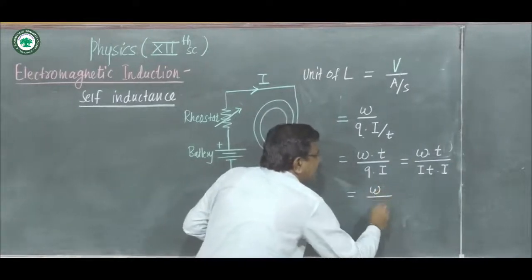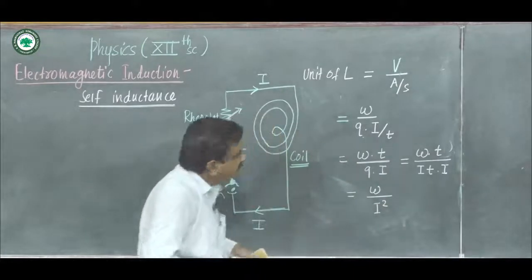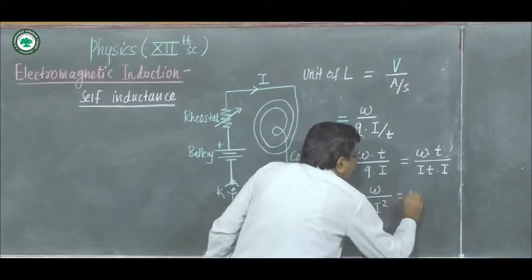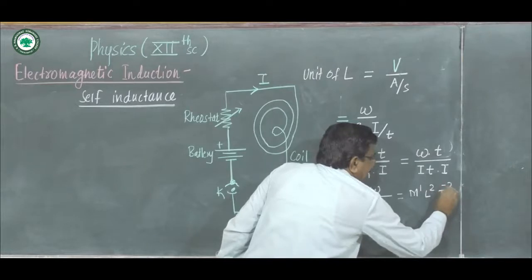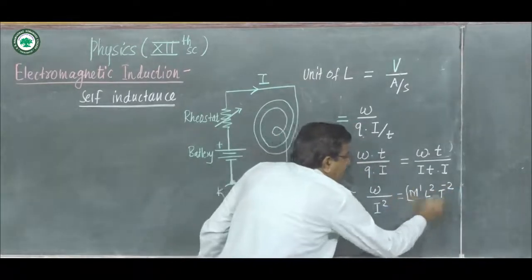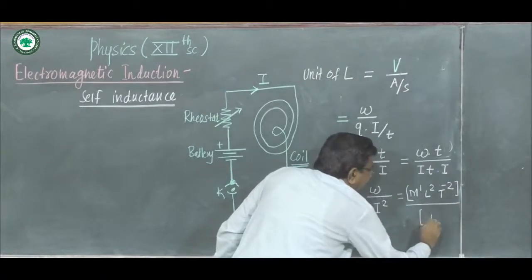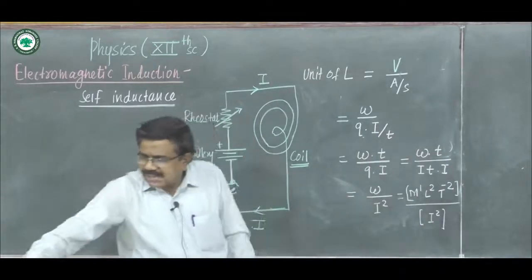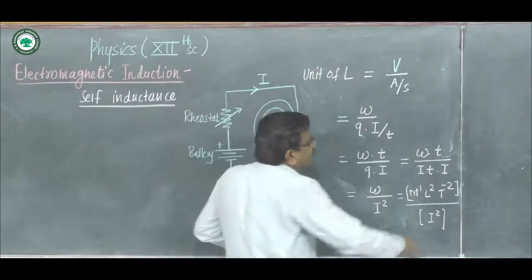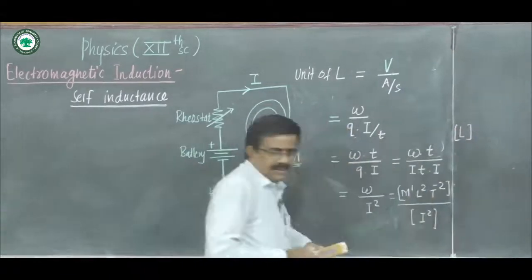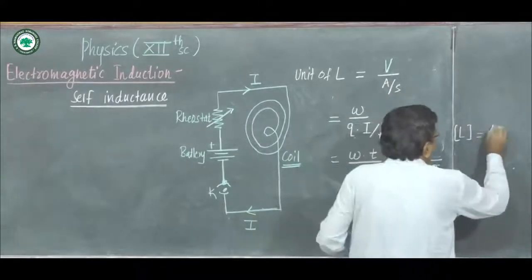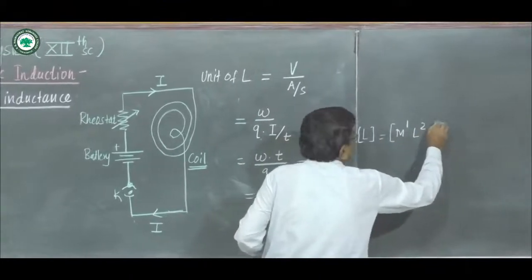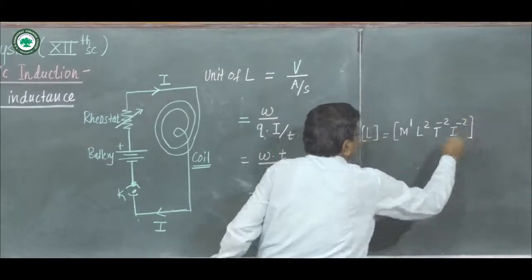Dimensions are the same as dimensions of work upon I square, I into I. But we know the dimensions of work are M1 L2 T minus 2, and the dimensions of current are I, or A. So the dimensions of self-inductance are M power 1, L2, T raised to minus 2, I raised to minus 2.